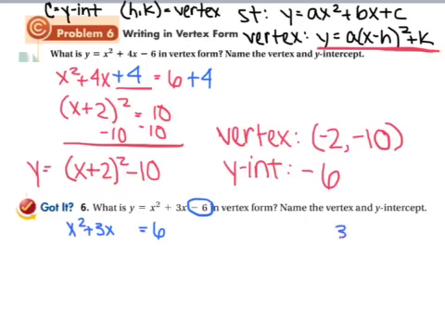Think about this. 3 divided by 2, quantity squared. That just means 3 over 2 times 3 over 2. What value completes this square? What is 3 over 2 squared? Sid? 9 over 4. Right. So I'm going to add 9 over 4 to both sides.